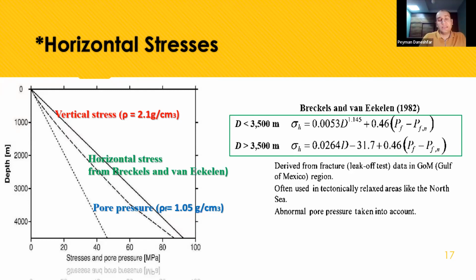If you look at the formula, you can find two important parameters: one of them is the depth, and the other is the pressure. Which pressure? Pore pressure. I will explain the pore pressure in the next slides. This is just for the Gulf of Mexico region, and we can also use it for relaxed areas like the North Sea, because the tectonic plates there are in a relaxed state.